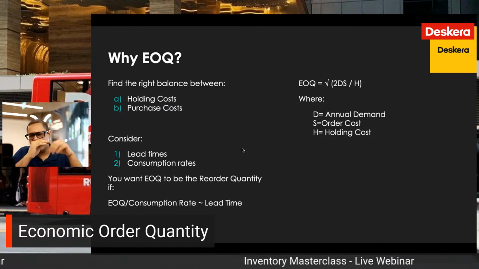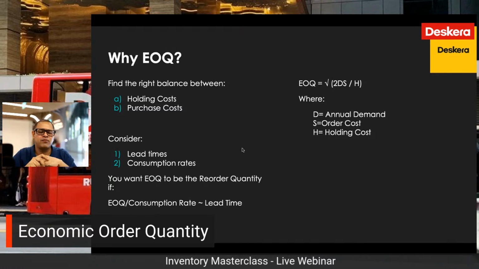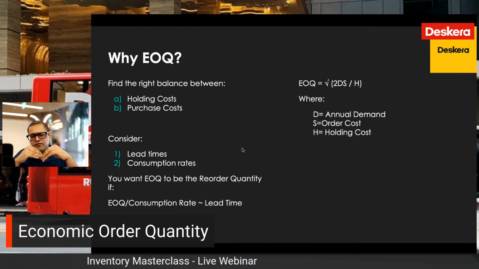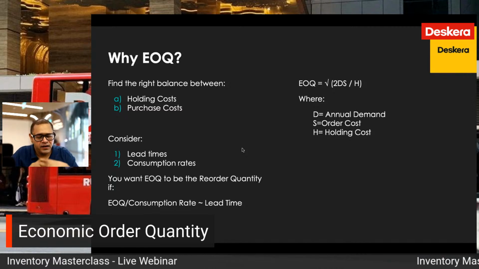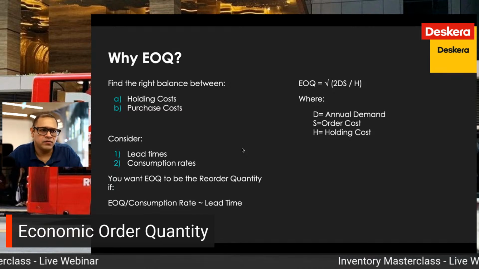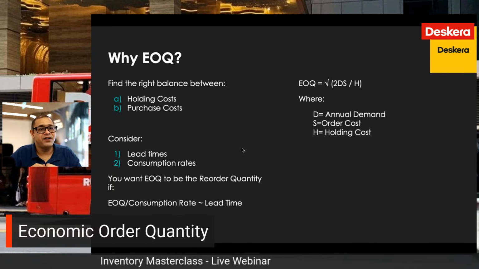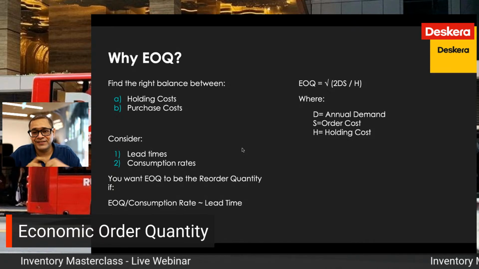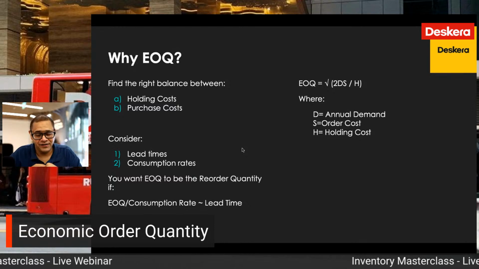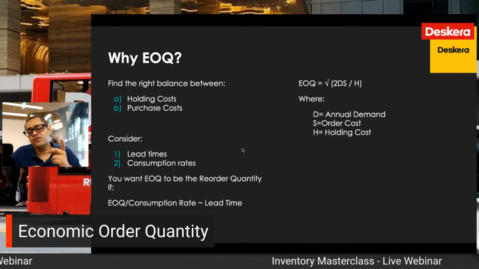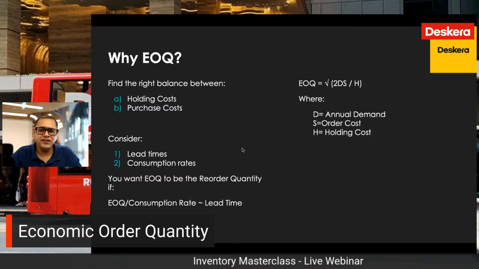Correct. So if there is a small difference, let's say a difference of up to 4 to 5%, then just go with the EOQ. If the EOQ is way lesser than the reorder quantity, then you will start falling short of stock. And if it is way too high, then your reorder point will start fluctuating.